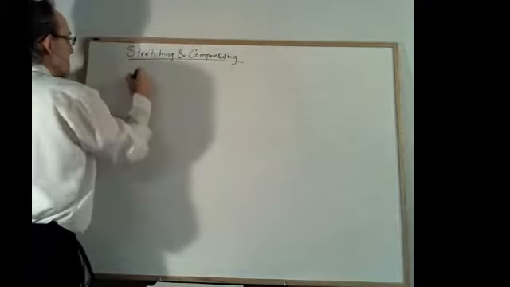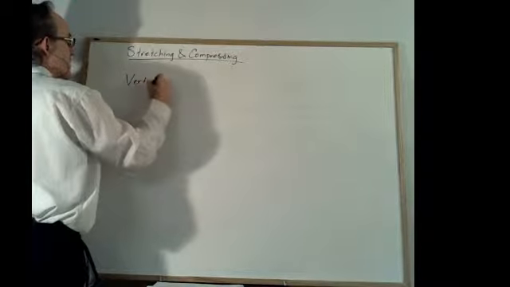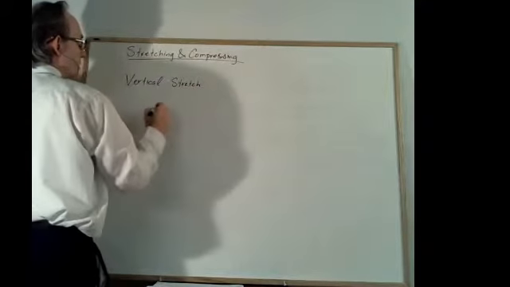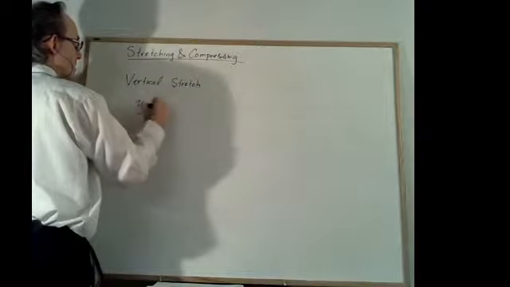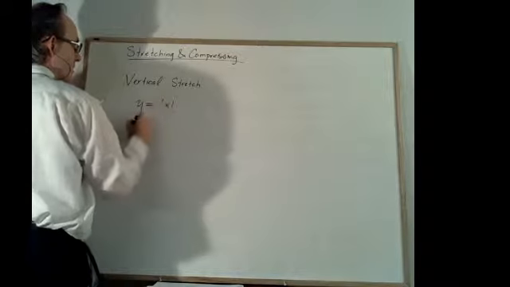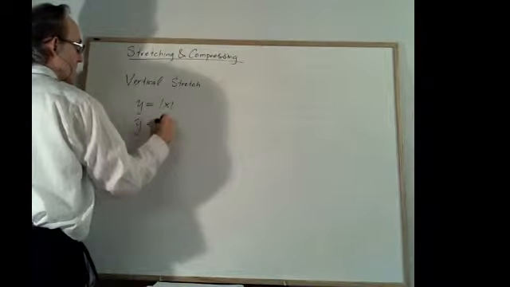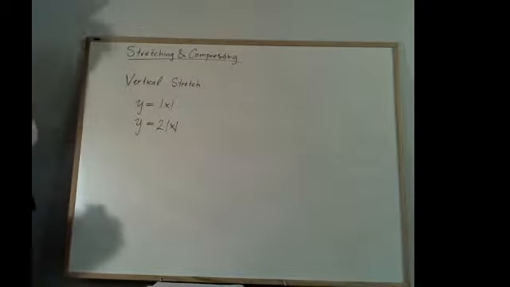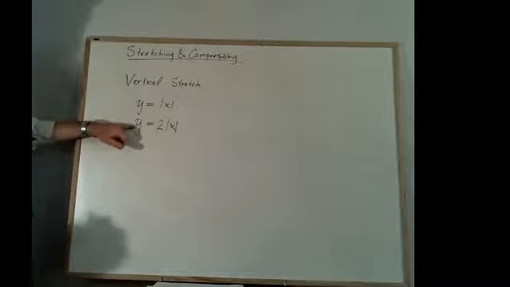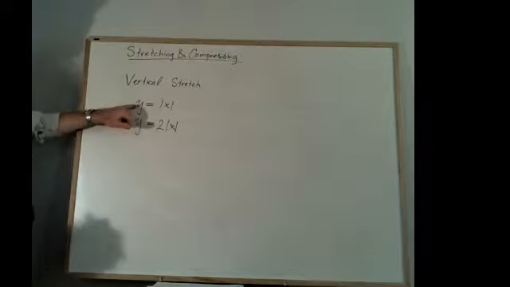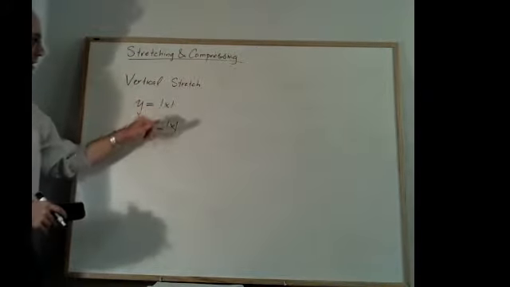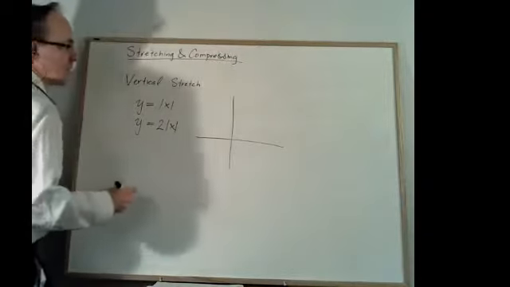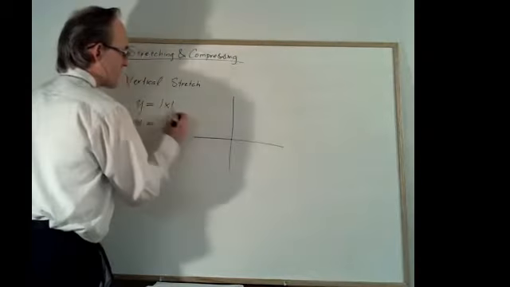Okay, so a vertical stretch of a function is another function which you start from the original function, and this is the absolute value function that we're starting with.